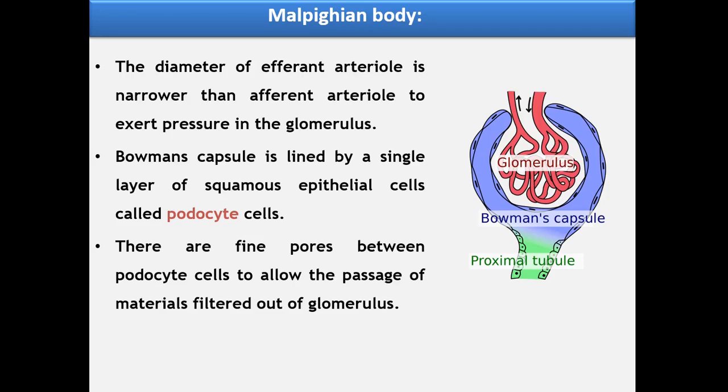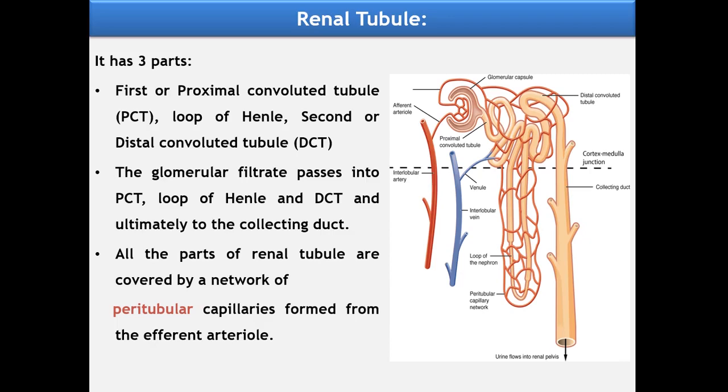Next, coming to the next part, that is renal tubule. The second part of the nephron is called renal tubule, and it has three parts. First is the proximal convoluted tubule, that is PCT. We call it proximal convoluted because it is nearer to the Bowman's capsule.